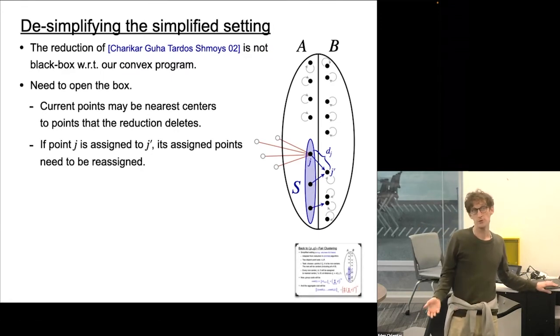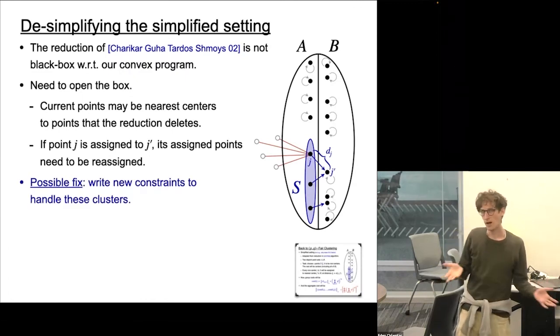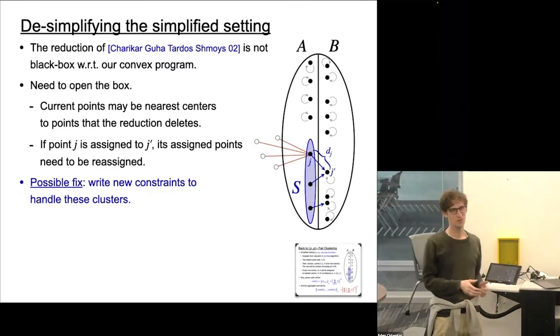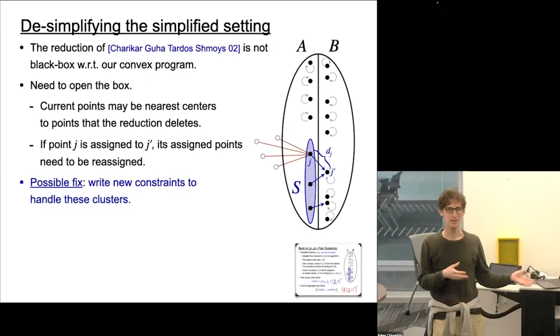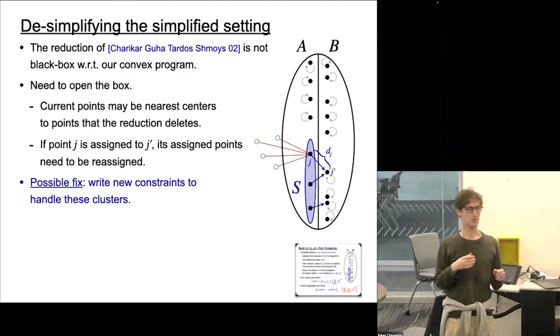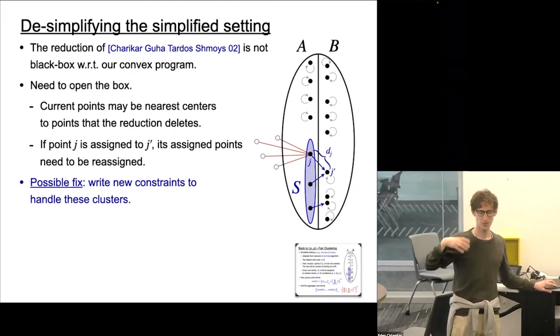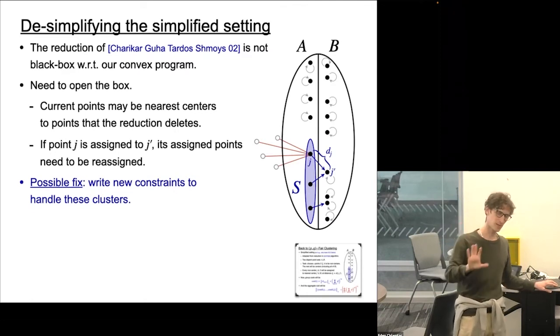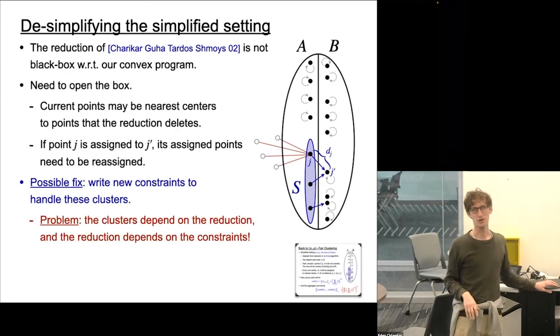But then if you do this reduction, you have to analyze how this affects the original instance, and we had all these fancy constraints, so you have to add these fancy constraints to handle these clusters, to say this applies to this first-iteration clustered instance that we get after the reduction, and not just the vanilla input the way I presented it before.